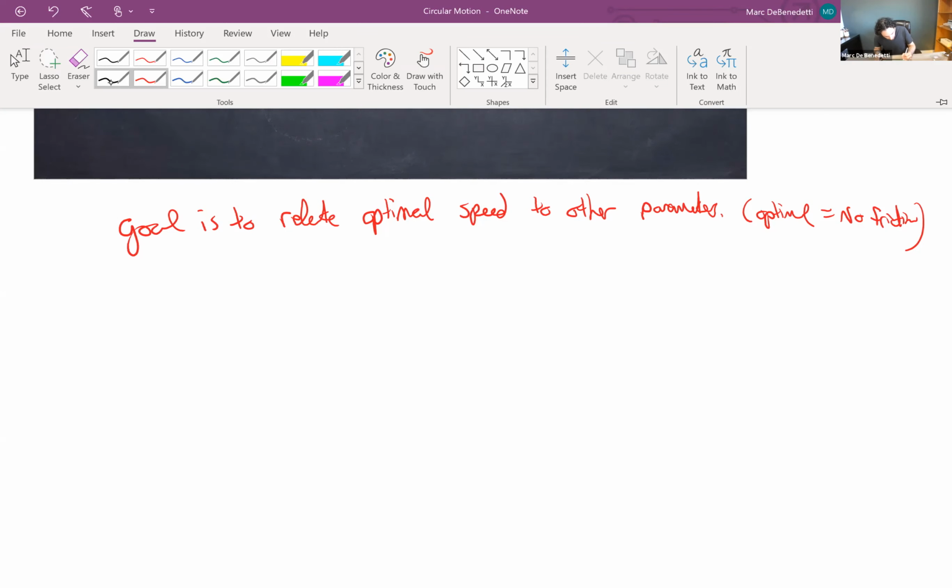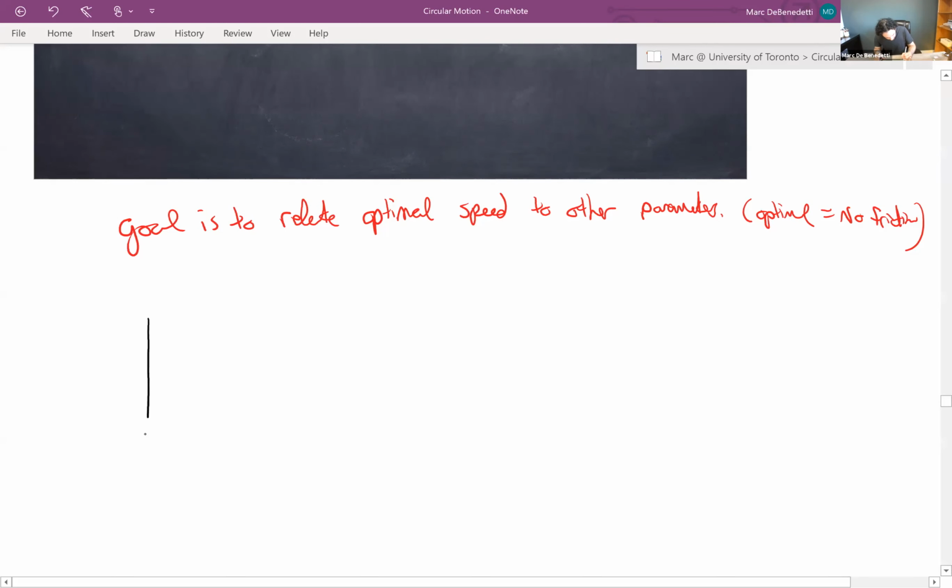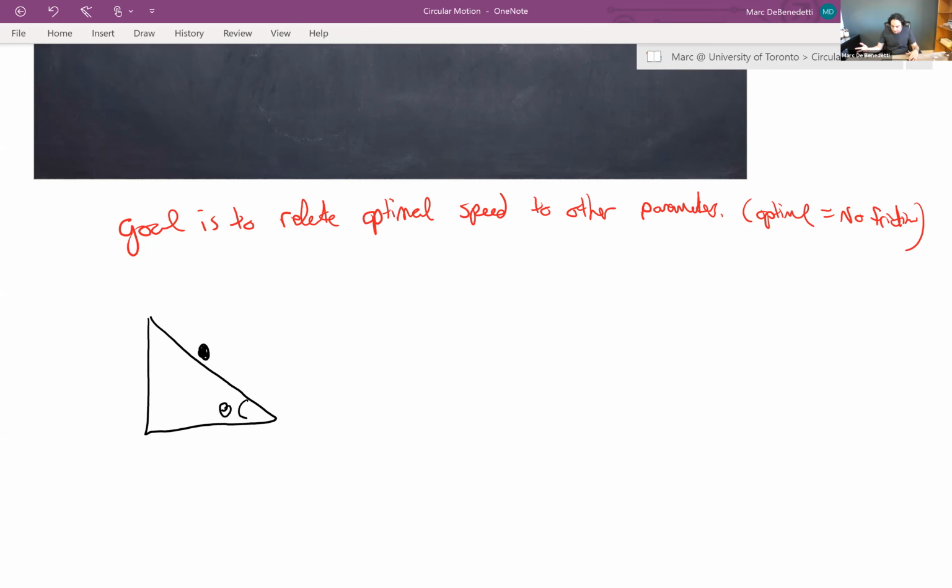So if I draw my free body diagram, I'm on a bank with a certain angle. Now, I agree, if you're going too fast or too slow, there might be a scenario in which you do have friction, in which case it's not really a different analysis, it's just something that pops up in your free body diagram and you include it as a term in your F net equals ma.